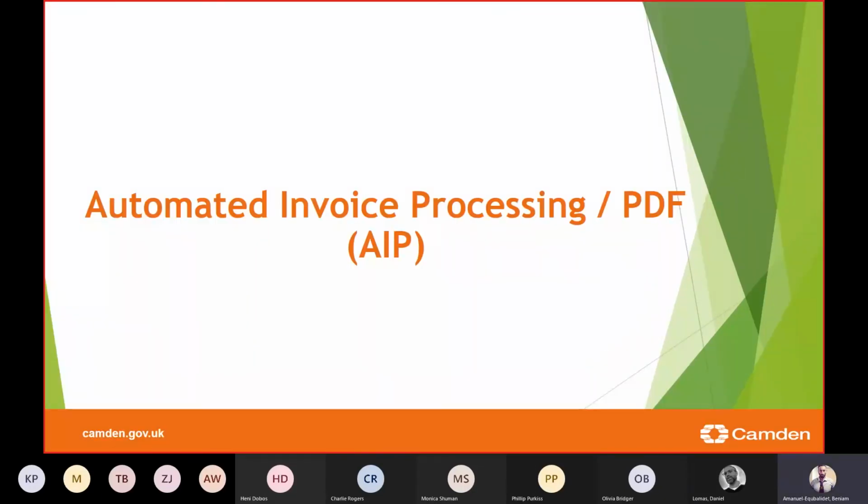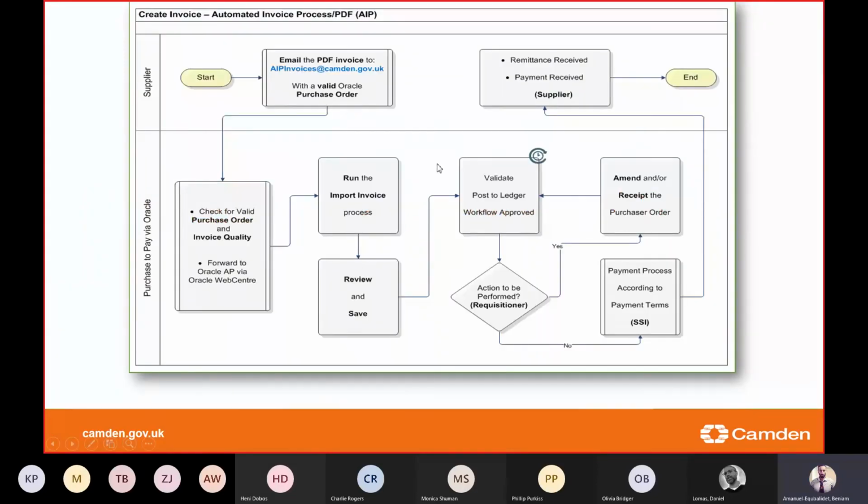Okay, so as Daniel's given you an overview, what I'm going to be taking you through is the invoice submission process within our AIP, or automated invoicing system. So I'll just take you through it slide by slide.